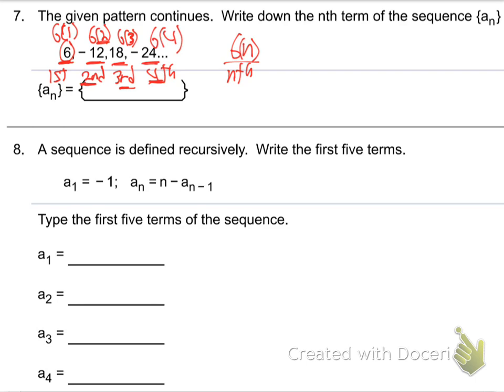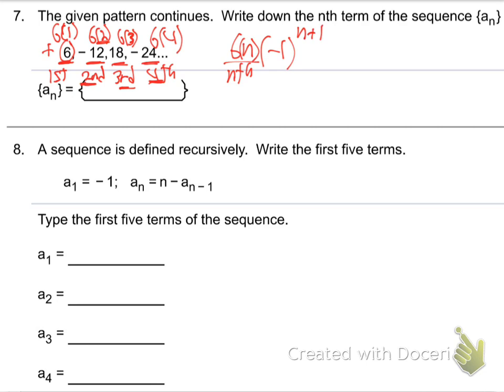But then what about the negative positive thing? Remember how we learned to make signs go back and forth? It's negative 1 to the n or n plus 1, depending on how you want it to start. We want it to start positive, don't we? So do we do n or n plus 1?